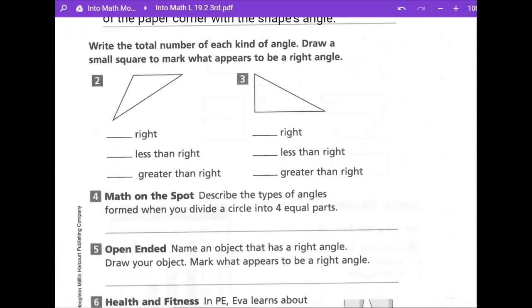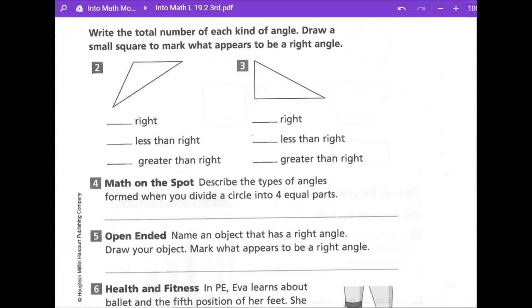And then on number 4, it says describe the types of angles formed when you divide a circle into equal parts. So we divided circles into equal parts. Okay, so this is like when we would draw circles and divide them into equal parts. So this is when we divided our shapes for our fractions. So they're talking about what are the angles of these?